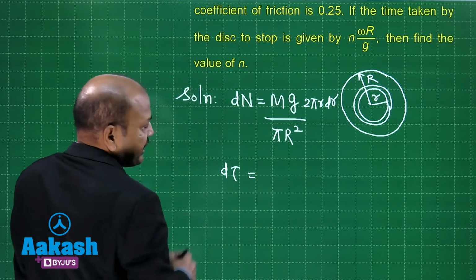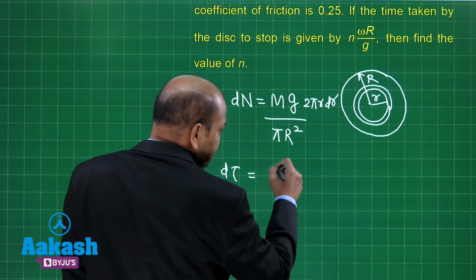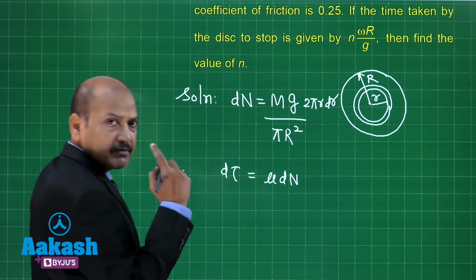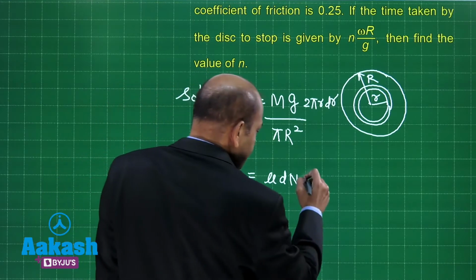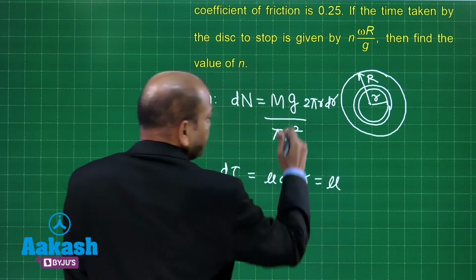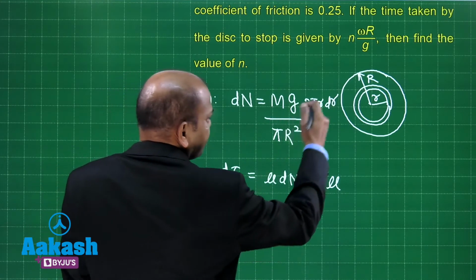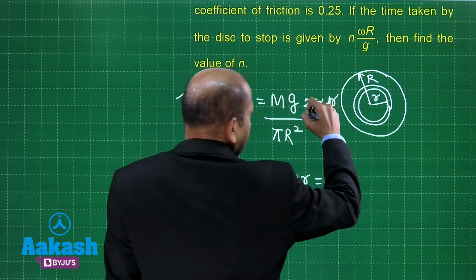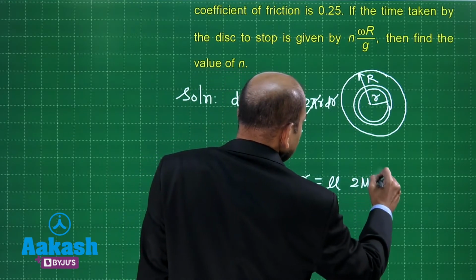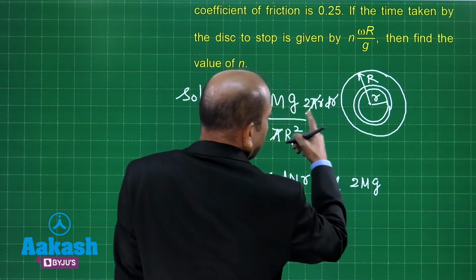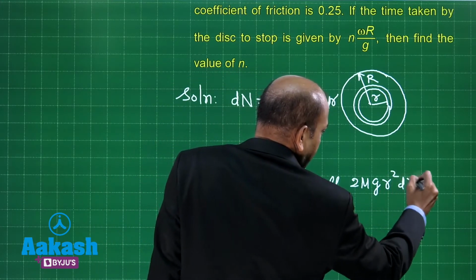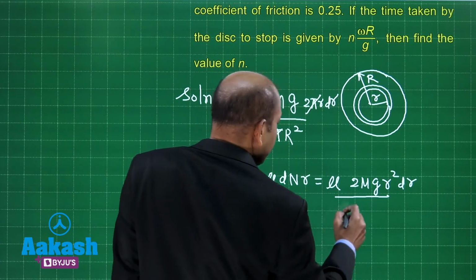Well, this can be given as mu times dN, and the moment arm is small r in this case. So, this becomes mu, we can put the value of dN that we have put here, we can cancel this pi, this becomes 2 mg into r dr, but there is one more r, so it becomes r square dr, and then we need to divide it by R square.